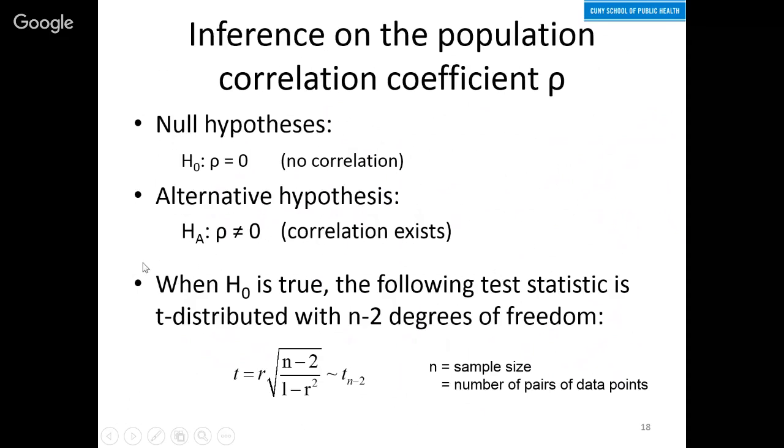You can calculate R, as we showed a couple of slides ago, and using just R and n, your number of observations, you calculate this value, and it turns out to be t distributed with n-2 degrees of freedom. And you all know what to do from there, right?